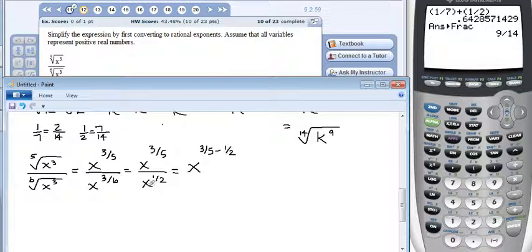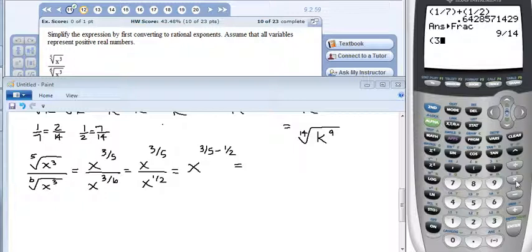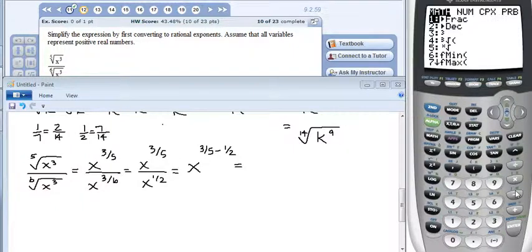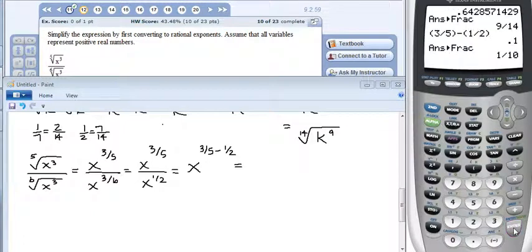I have a similar base. I've got division, so that indicates subtraction. And again, because I know how, I'm going to be lazy. Not use my brain. That's okay, we'll save it for other stuff. Right? A 1/10.